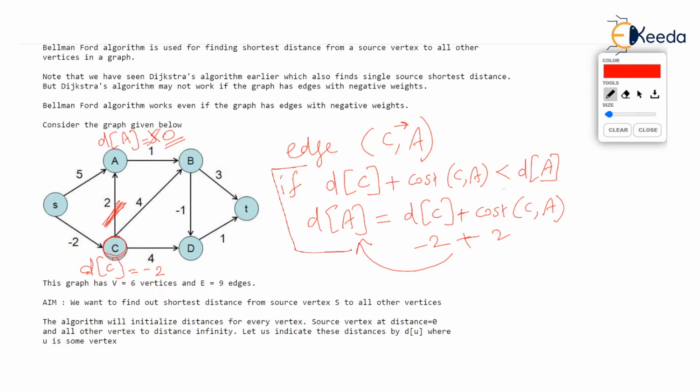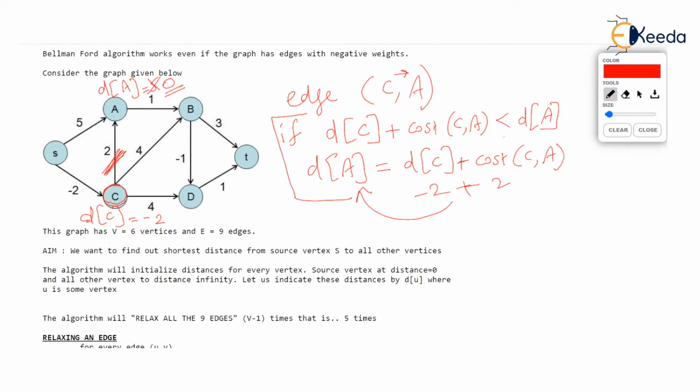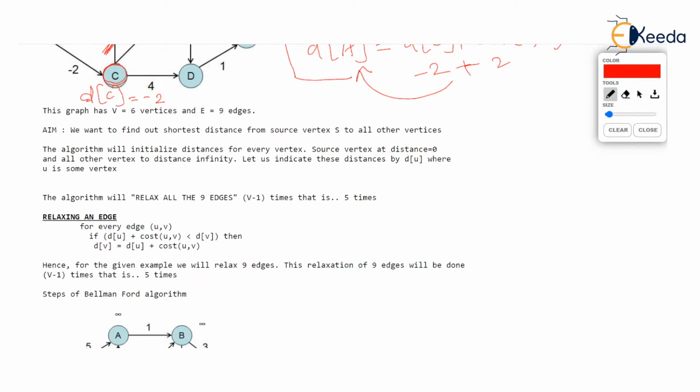I hope you have understood. In general, I have written the rule. The rule about relaxation is that this relaxation is done for every edge u comma v. Remember, u comma v means there is an edge from vertex u to vertex v.